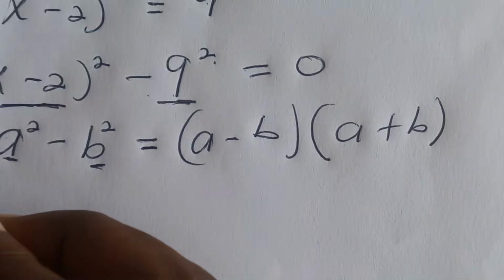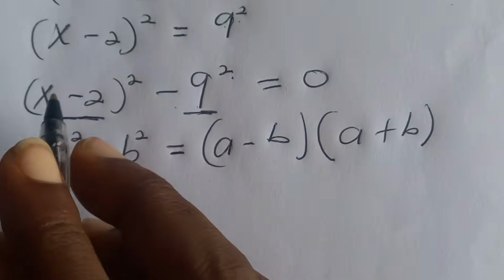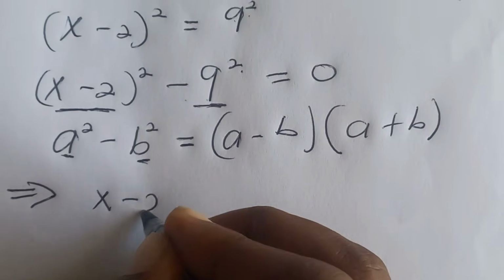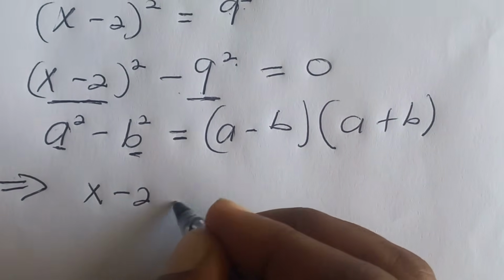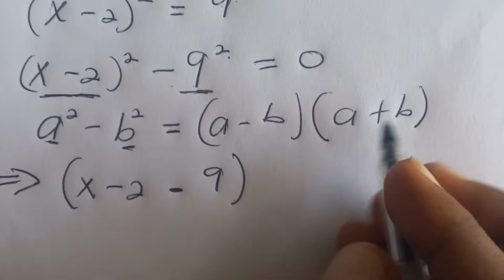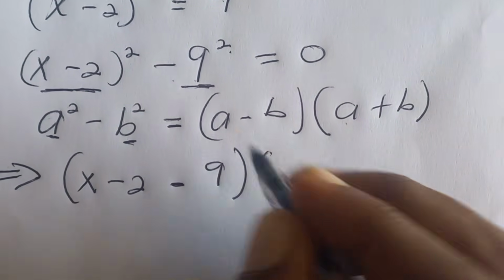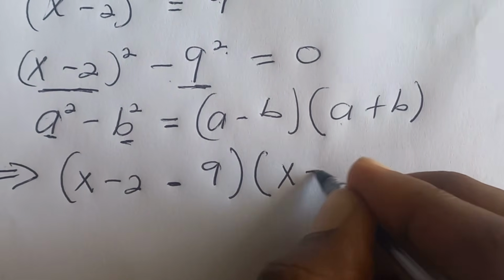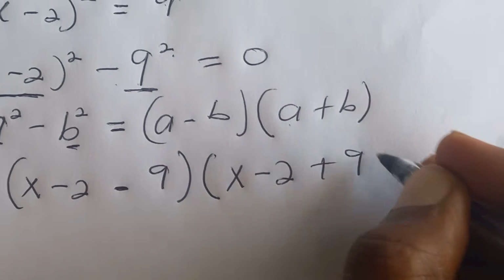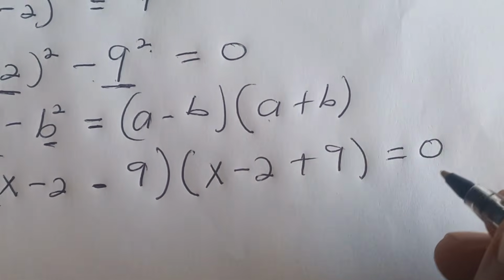So we can write our equation as (x minus 2 minus 9)(x minus 2 plus 9), bracket close, which is equal to 0.